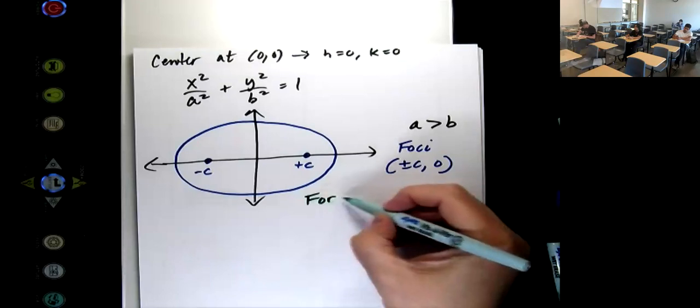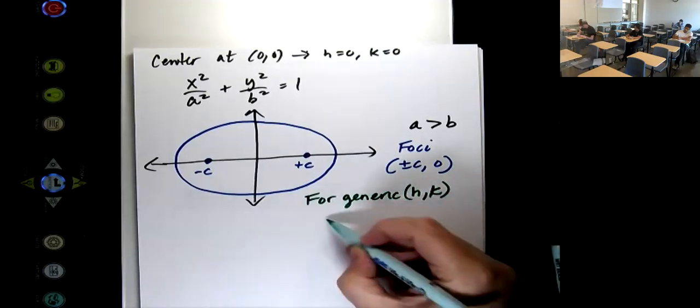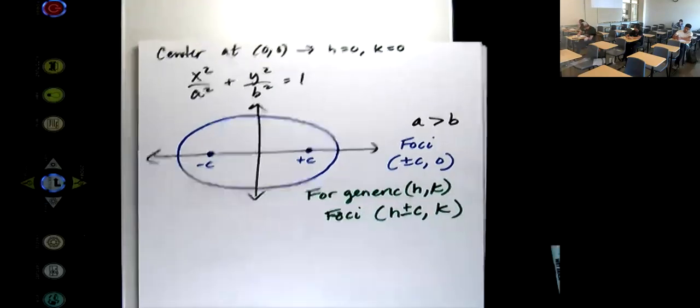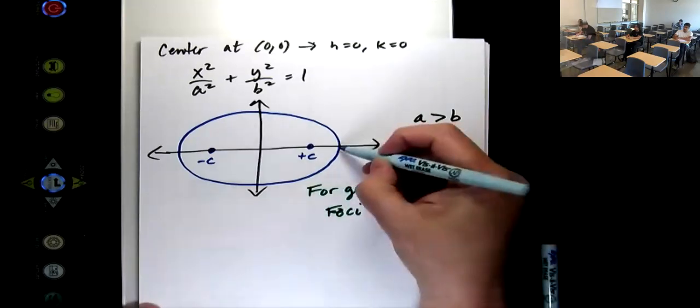Or generic h, k: the foci are at h plus or minus c, comma k. So in this picture, this is actually A right here.